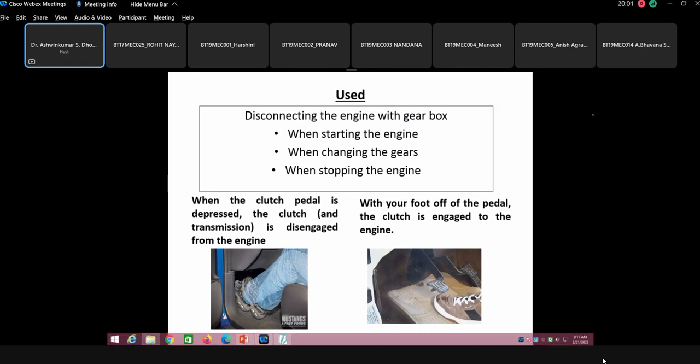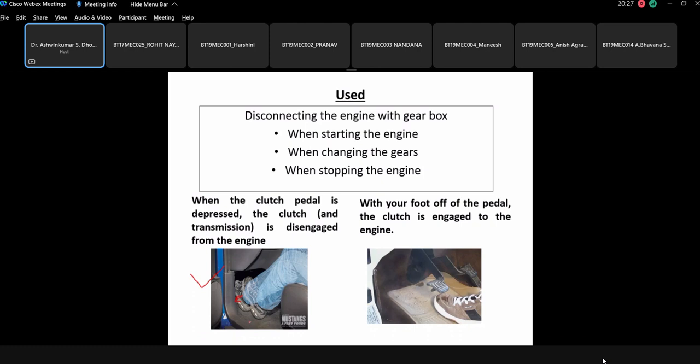So in this photo there are two positions shown. This one is for disengaging, because this person is pressing the clutch pedal. You can see that he has completely pressed the clutch pedal.